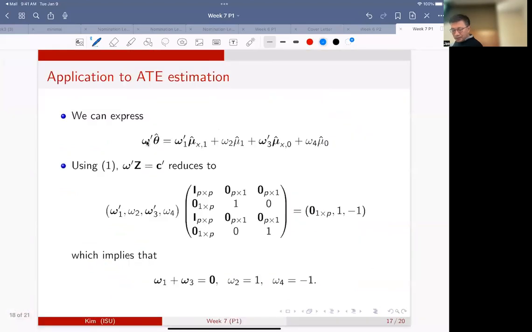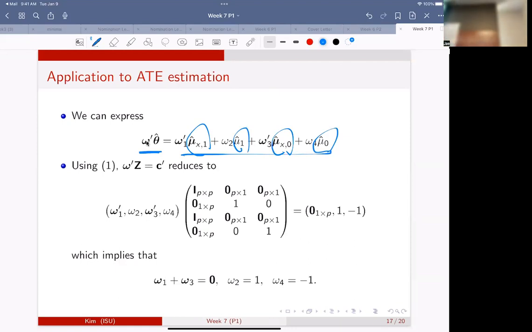I will prove it later. But why is this interesting? What I care about is estimation of tau, and I know my estimator should be a linear function of the available estimators. This is my available estimator.